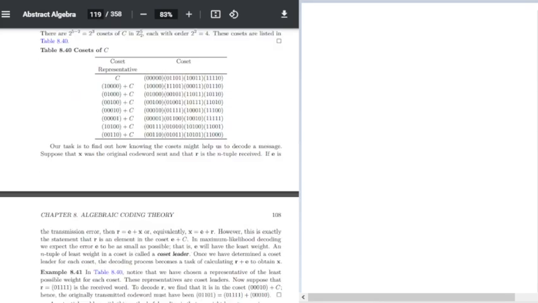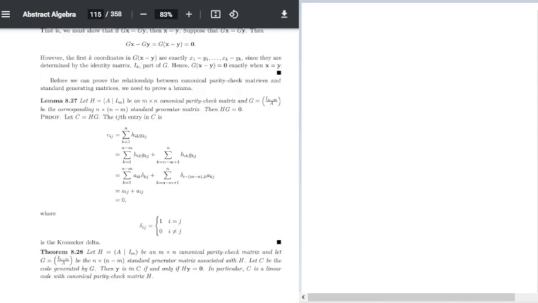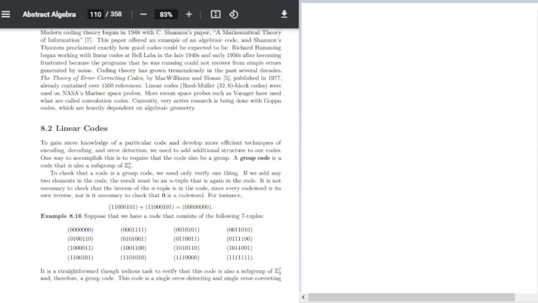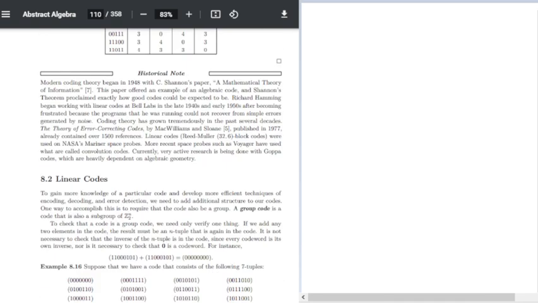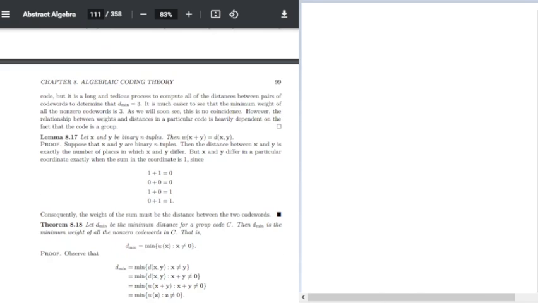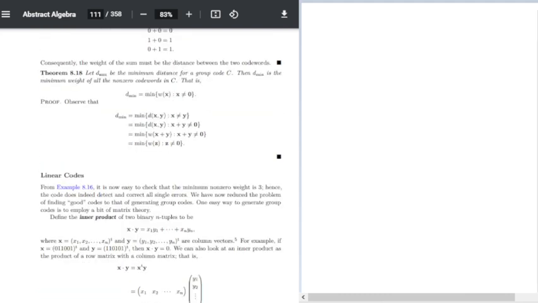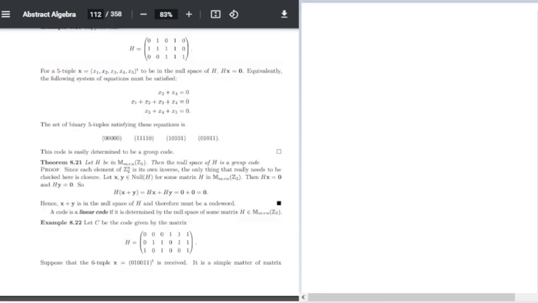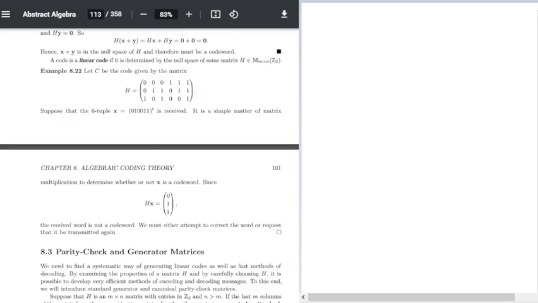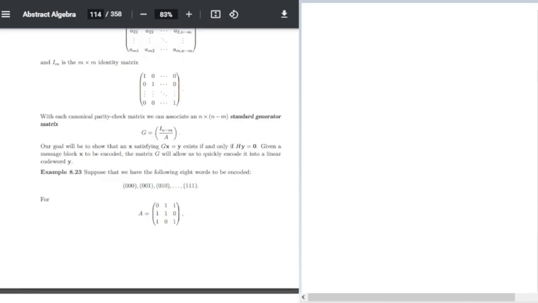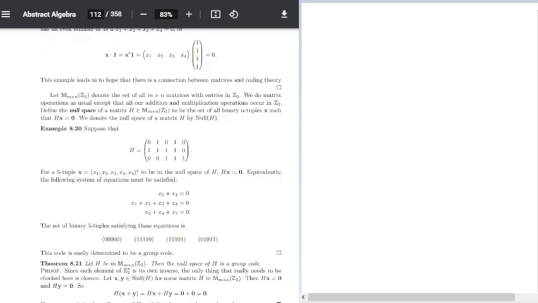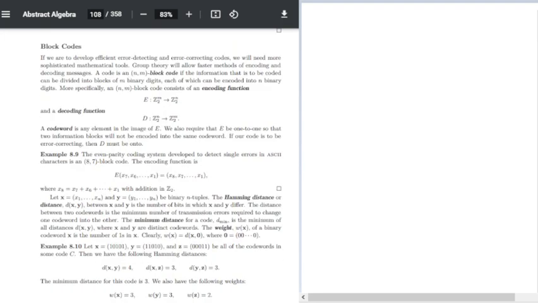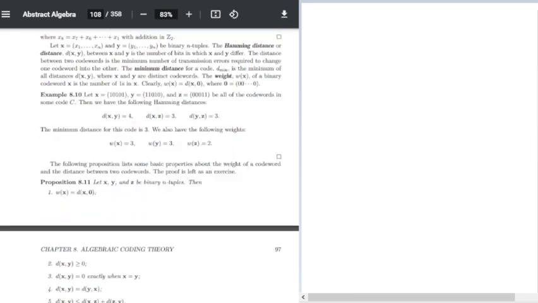Before that, I just want to double check one small detail. I want to make sure that linear codes, when they were introduced, are group codes by definition. So binary n-tuples, linear codes, the inner product. So where do we actually define linear codes? Wait, I don't know if I can control F in here. Yeah, it doesn't look like it.